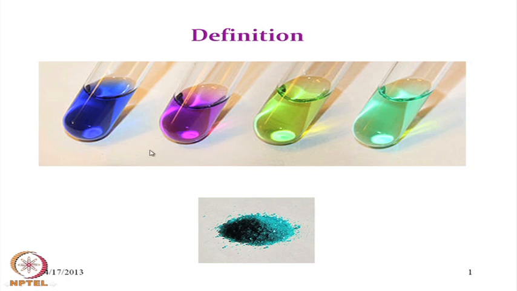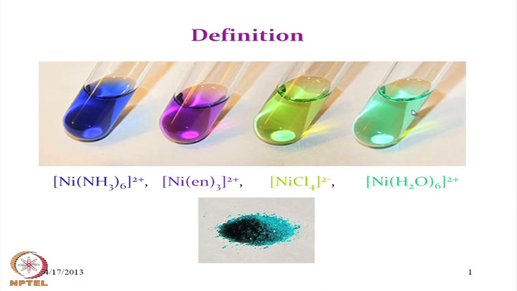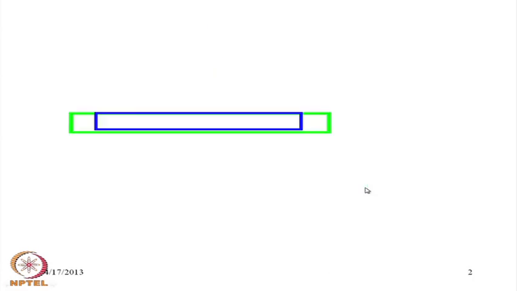But right now we should keep in mind the different colors, and we should be able to know what particular type of complex is forming within the solution. So, we should know the 4 colors and we should know the 4 complexes forming over there.